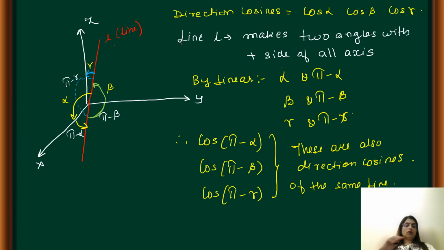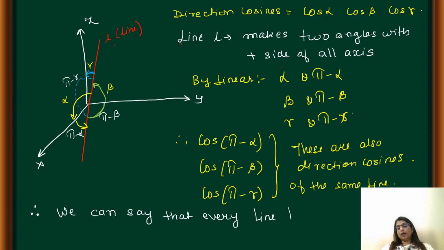Thus we can say that every line has two sets of direction cosines.